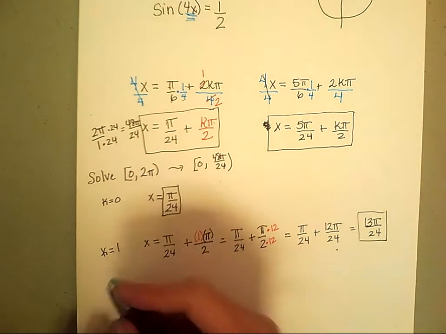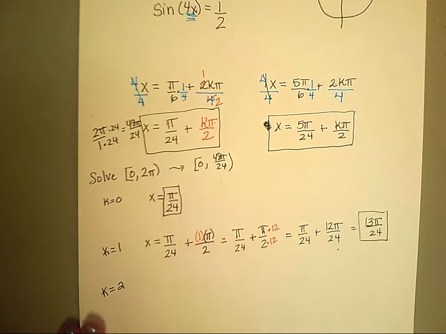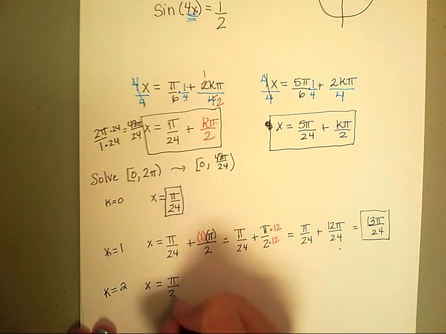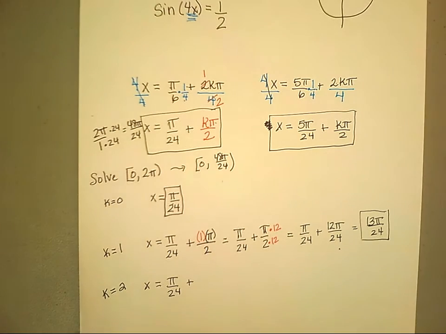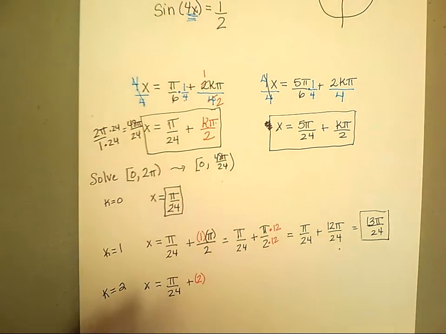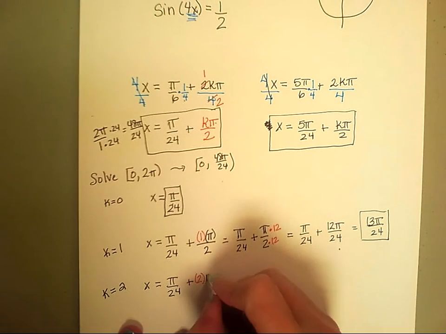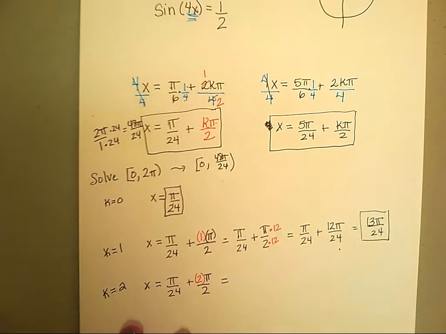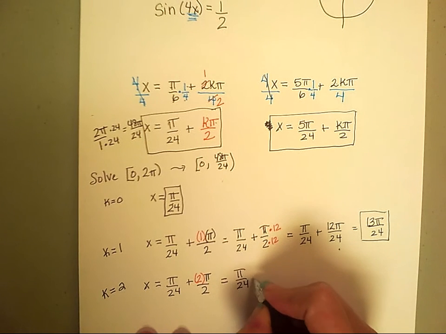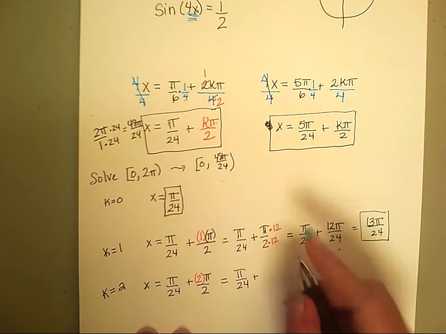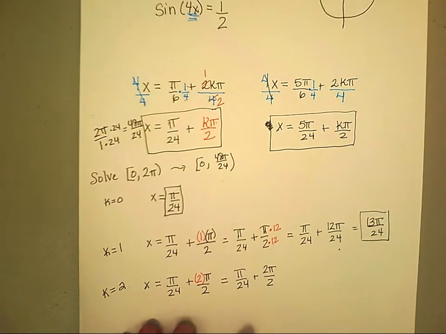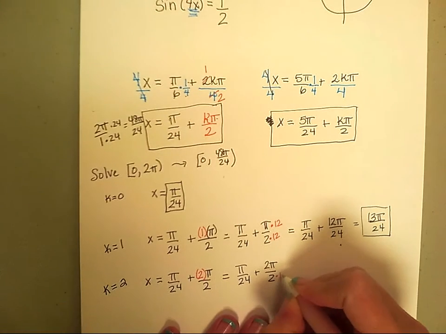Now the next one is when k equals 2. So x is equal to π over 24 plus, now k is 2, times π over 2. We need the common denominator, so we'll multiply again by 12.